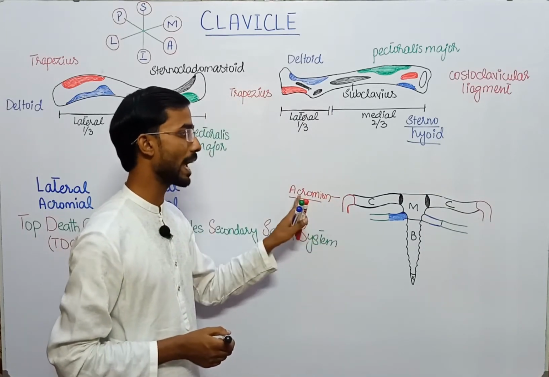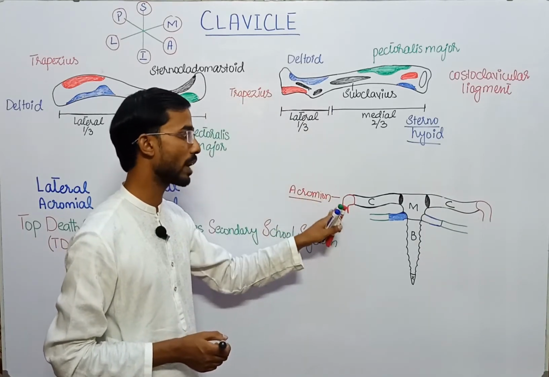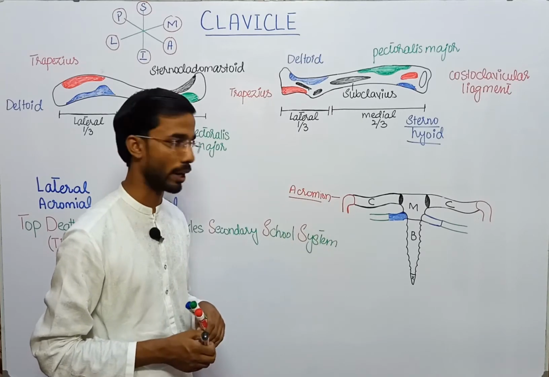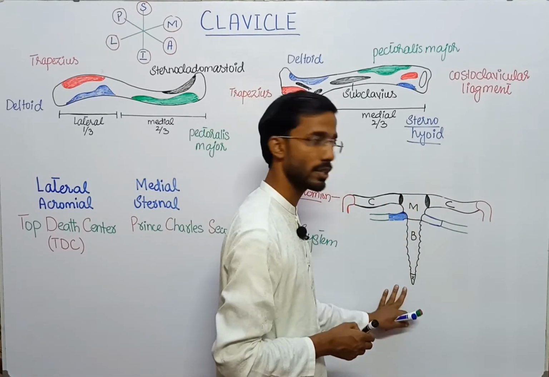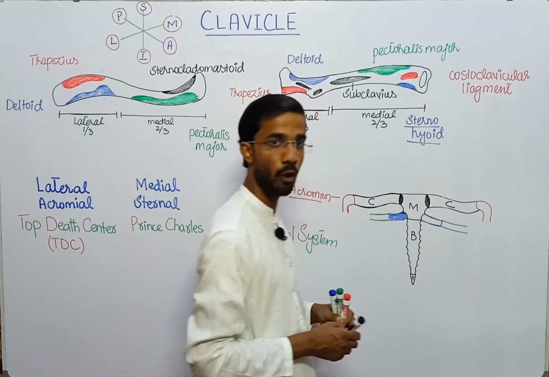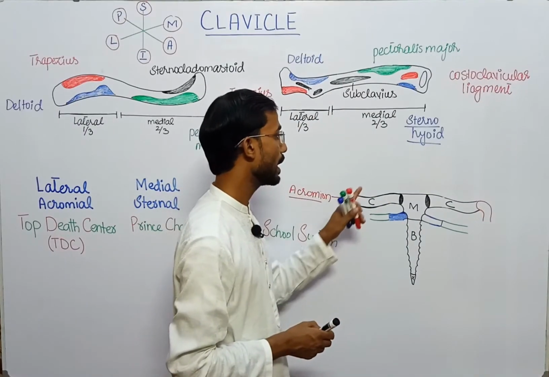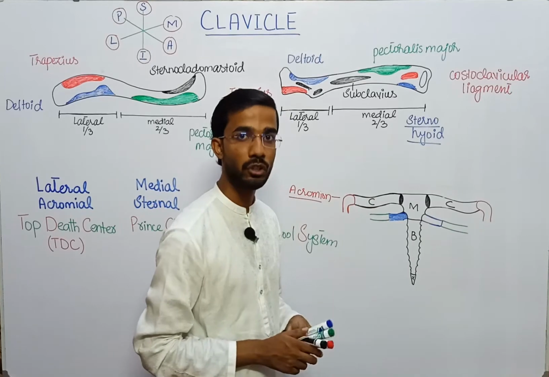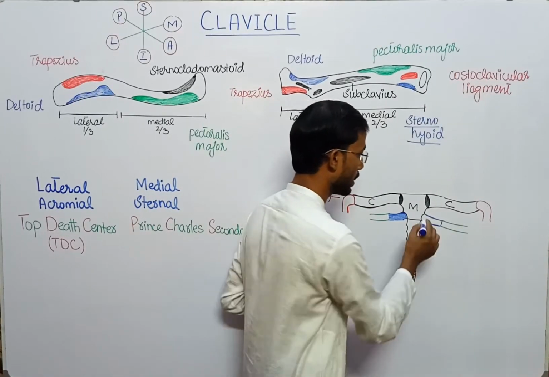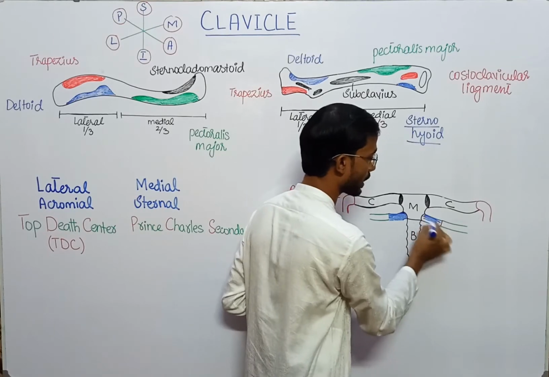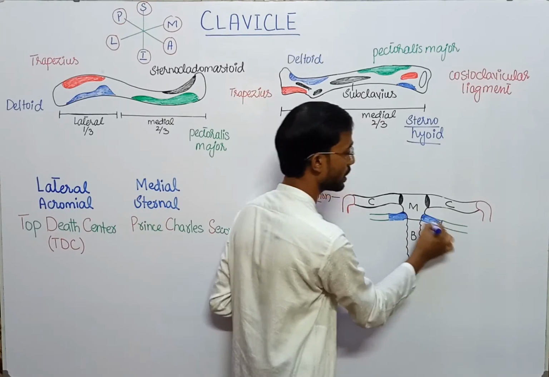The clavicle attaches to the acromion and forms a joint called the acromioclavicular joint. And the clavicle attaches to the sternum and forms a joint called the sternoclavicular joint. And here are the ribs which attach to the sternum.